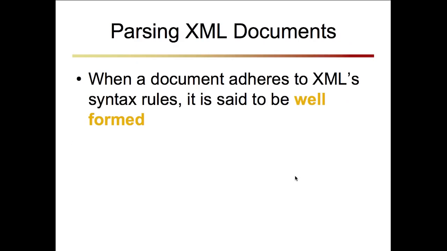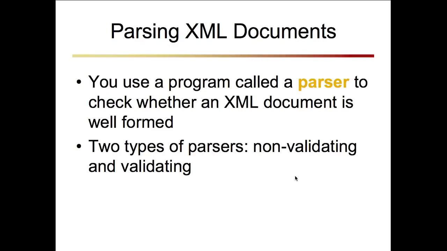In parsing an XML document, when a document adheres to the rule set, we say it is well-formed. Well-formed is kind of like saying valid or invalid, transitional, all these words that the W3C has decided to label. Well-formed means it's complying.